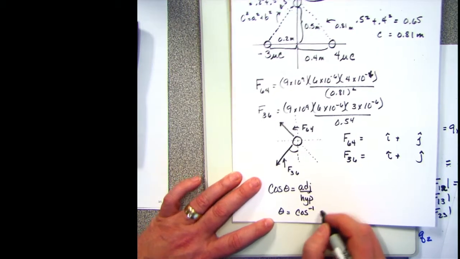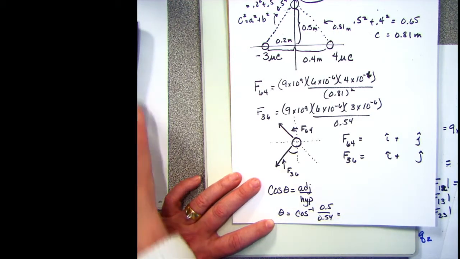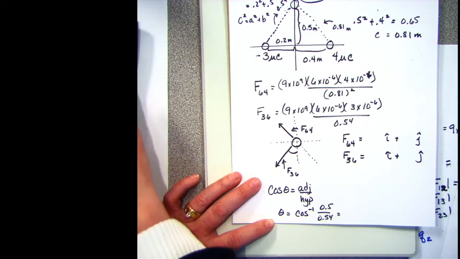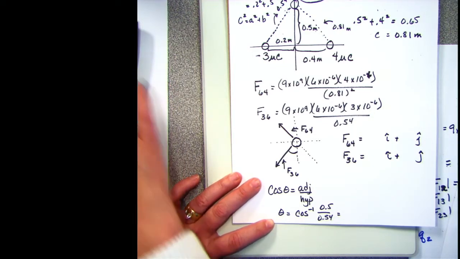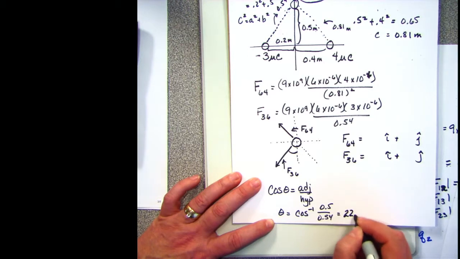My adjacent is 0.5, my hypotenuse we figured out as 0.54. When I do that, it gives me an angle of 22.2 degrees. So that's that angle.